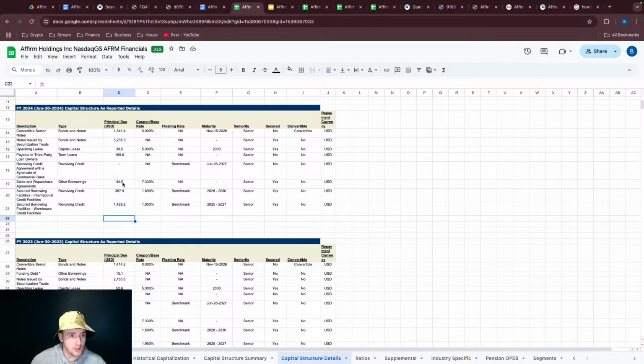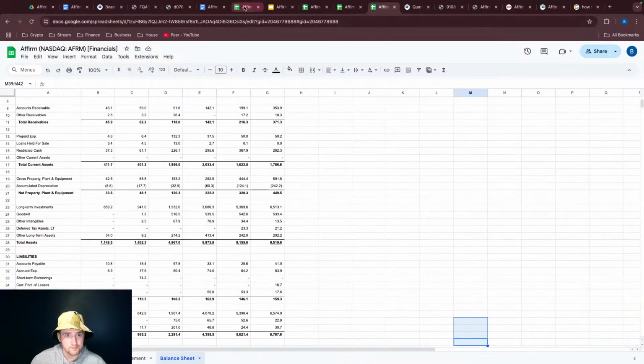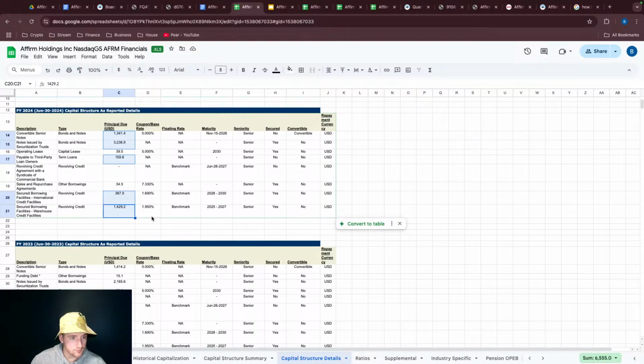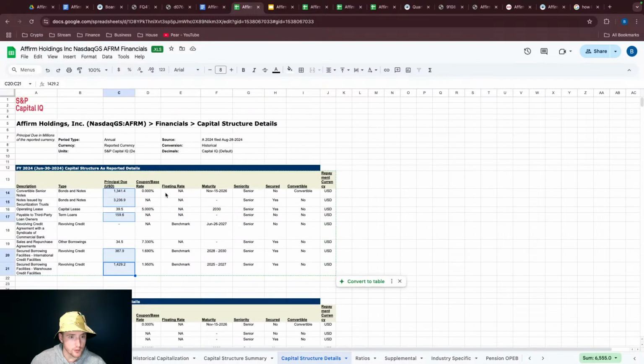So let's see. Bonds. Depends when it was filed, but there you go. There's your debt.